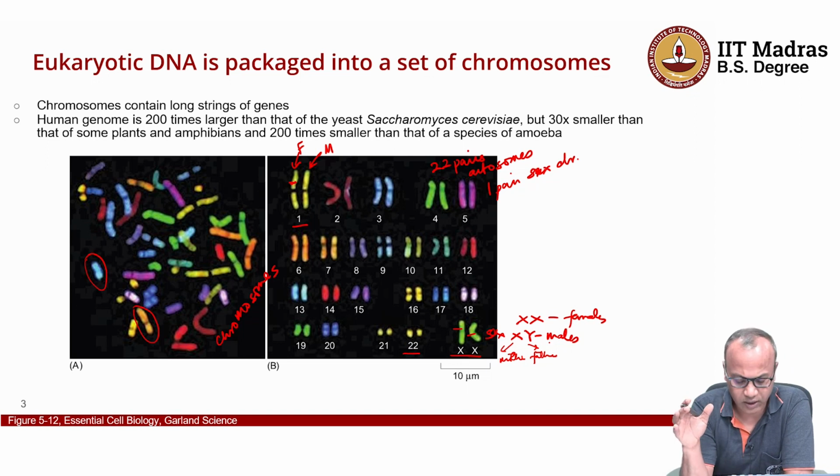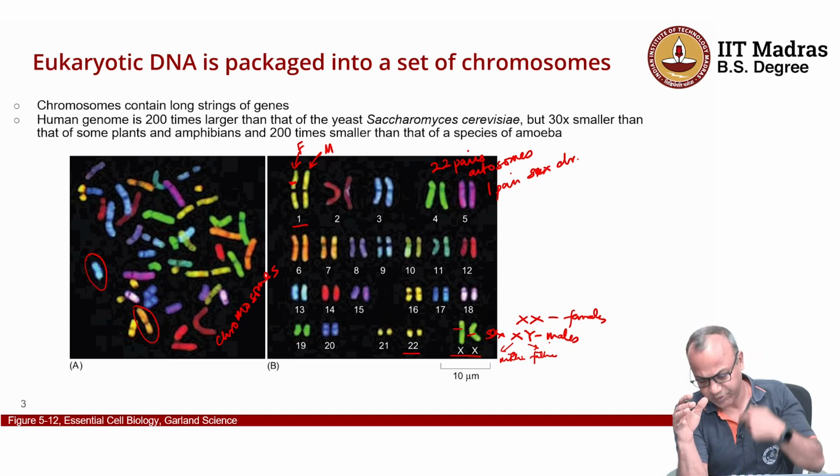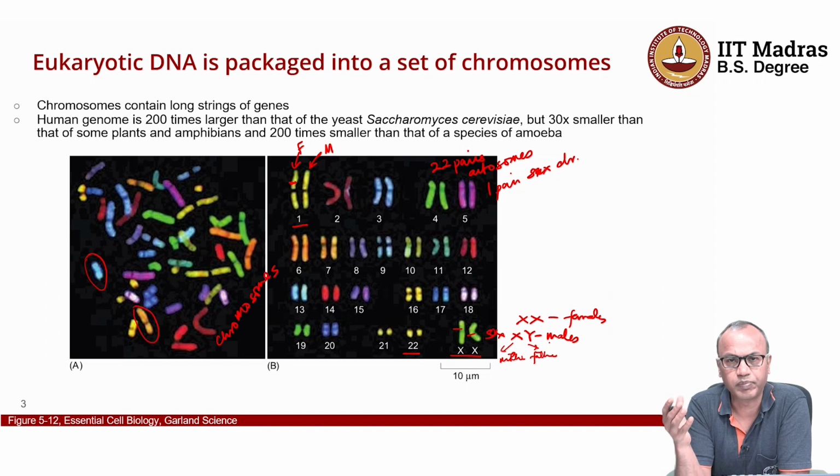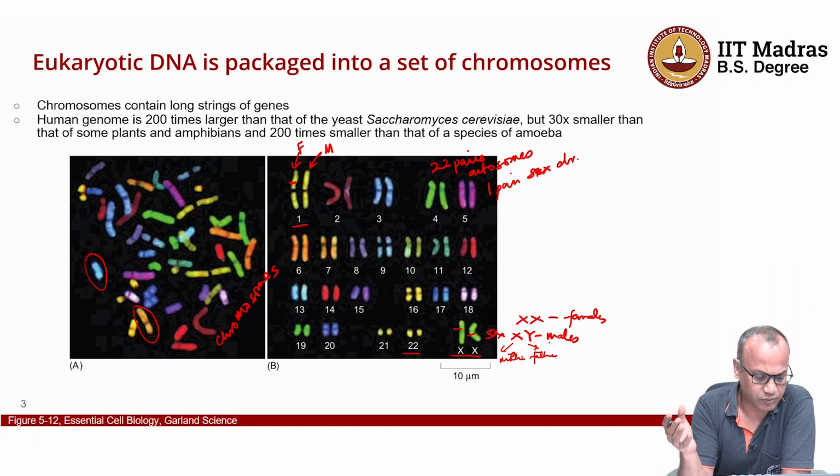Apart from that, all other chromosomes are pretty much identical. There are differences between the paternal and maternal chromosomes, but we will not be worried about that at this moment. They are practically identical in their sequence, and therefore they are called pairs of chromosomes.